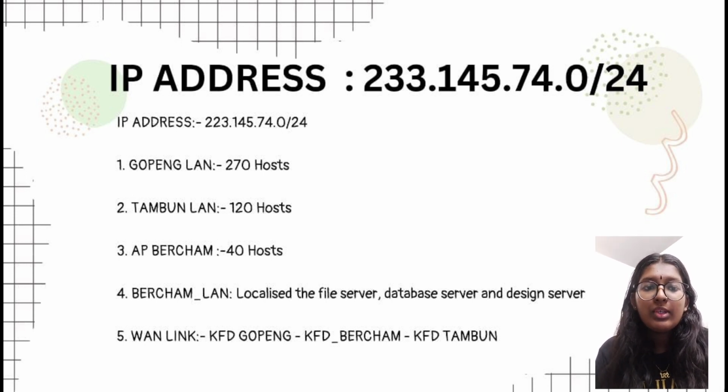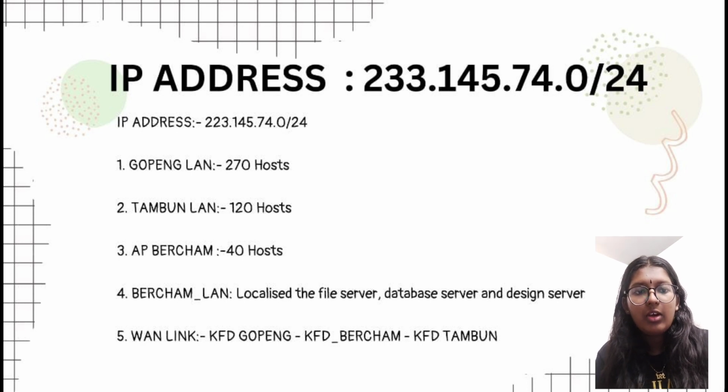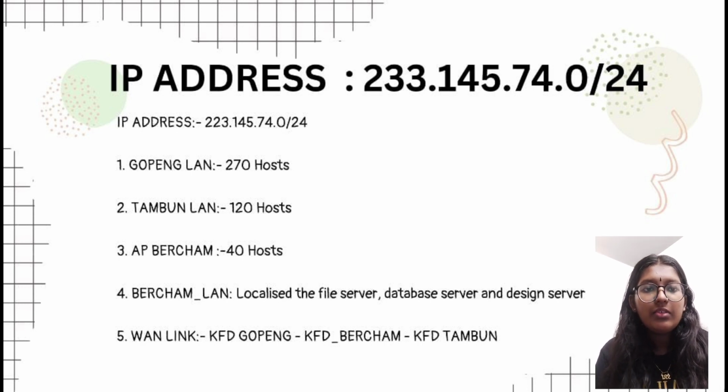From the question we also know that each LAN needs a number of hosts. First, the Gopeng LAN needs 270 hosts. Next is Tambur LAN, the second highest, with 120 hosts.